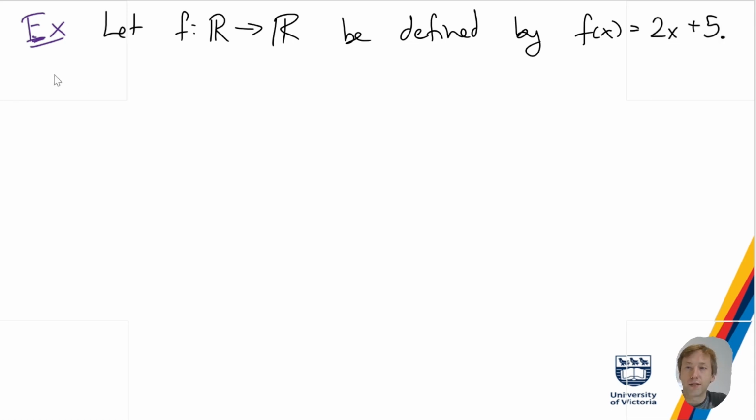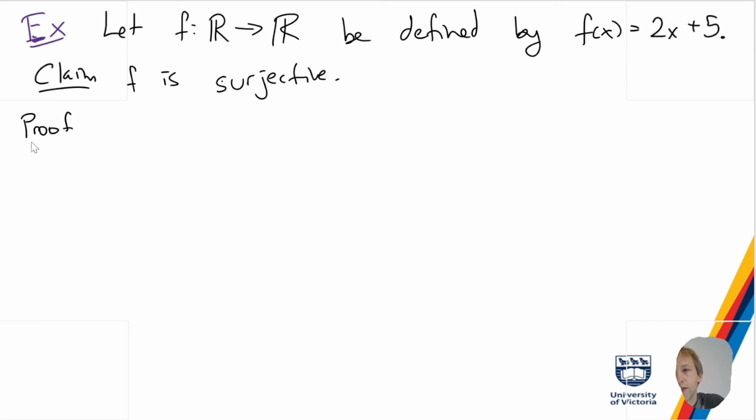I claim that this is surjective. To prove this, we need to show that every element of the real numbers, which is the codomain of this function, can be written as f of something in the domain. Or in other words, we want to show that everything in the reals is in the range of f.